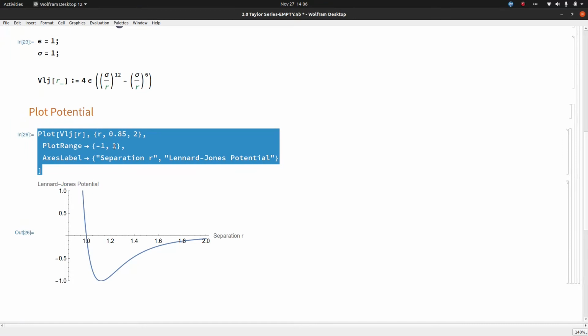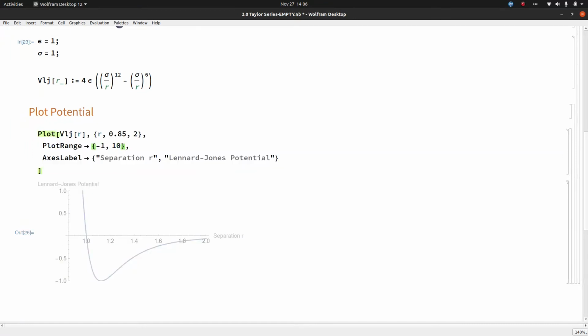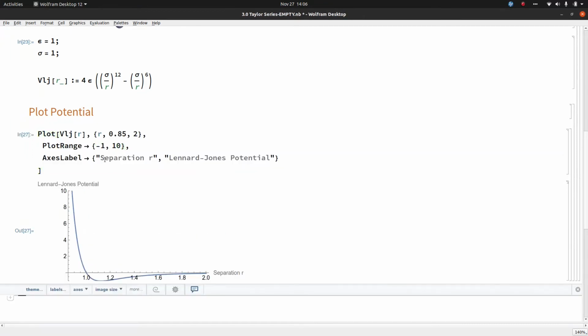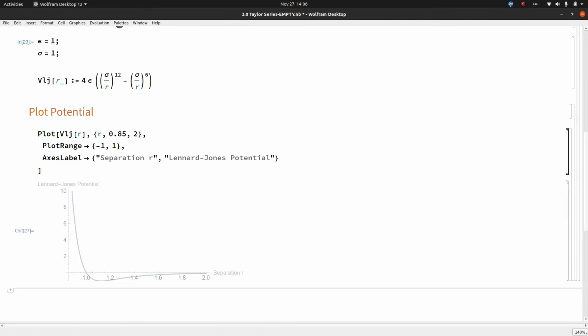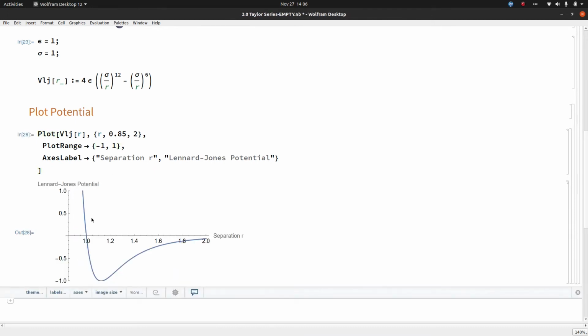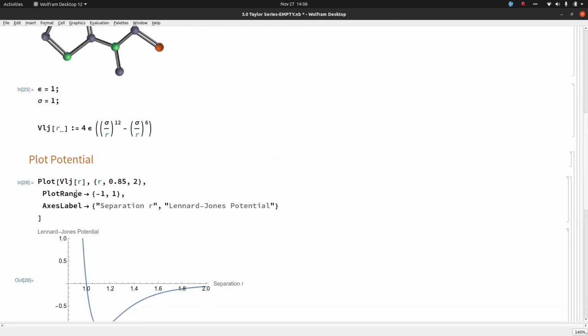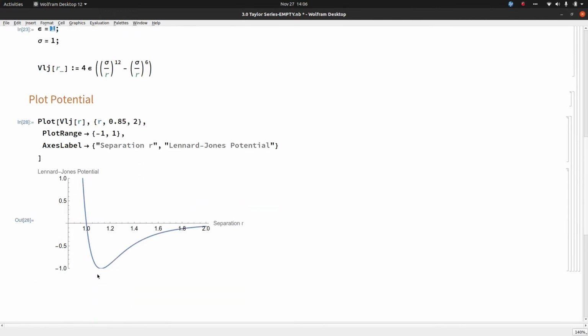And in fact, if I expand this, you can see it shoots up quite rapidly. But then there's some binding energy, which in this case we set equal to -1. That was the epsilon value we set here. That's the strength. So you have a well of depth 1.